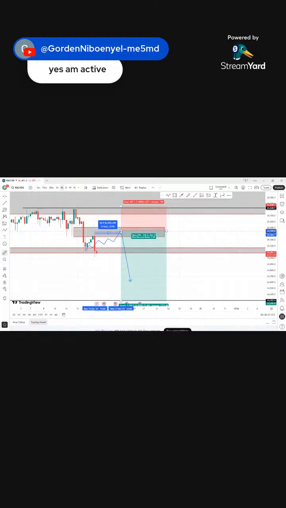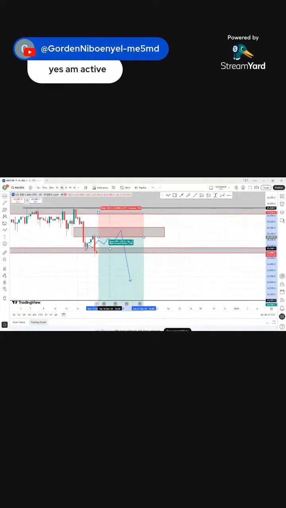This is not how I usually check the pips. Let me check. Okay, this is where we'll put the buy limit. Then this is where the market reached. Let me bring it down.